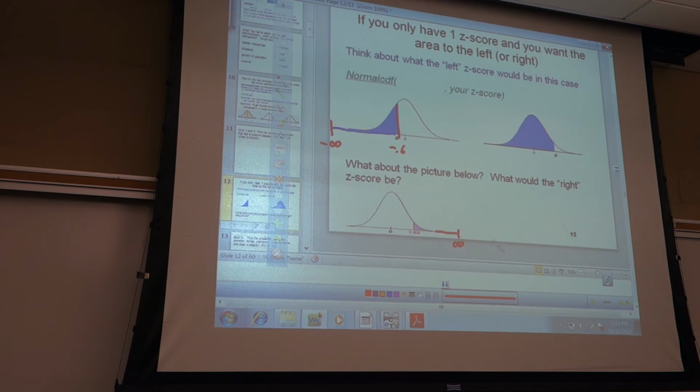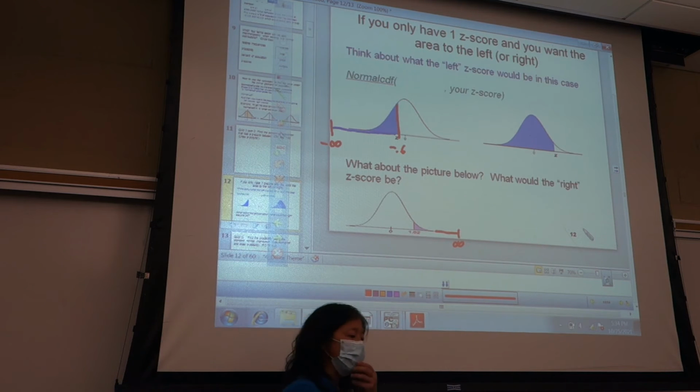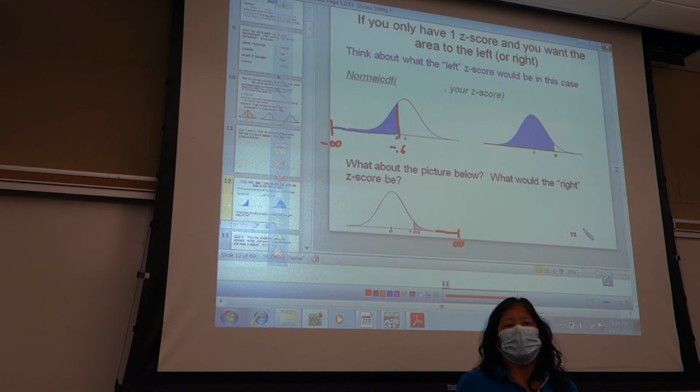So then it's easier what you're putting in, normal CDF. And instead of negative infinity or positive infinity, since I don't have infinity on my calculator, I'm just going to use some large number. Someone suggested 600. I like 600 for a couple of reasons. One, it's large. But two, I used to use 999 with people, and 90% of students would be great with that.